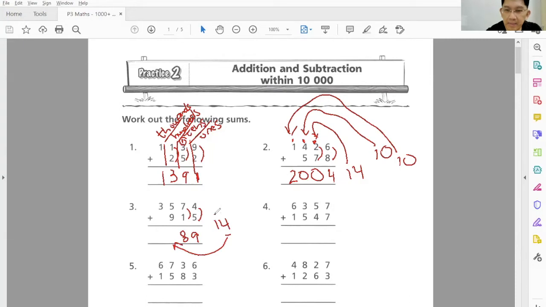Okay, and this number goes here. So we write down the 4 here. Okay, and then we write down the 1 on top of 3. Now 3 at the bottom of 3, there's nothing, so 3 is 3. 3 plus 1 that we kept earlier, so that's 4. Okay, so the answer is 4,489.